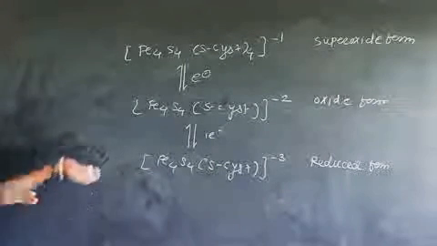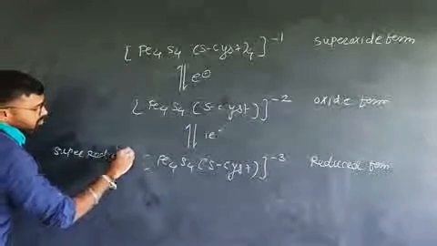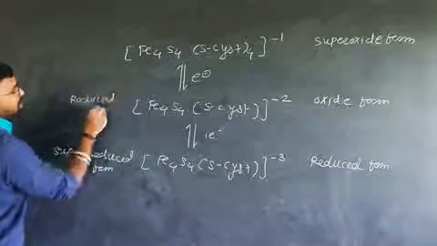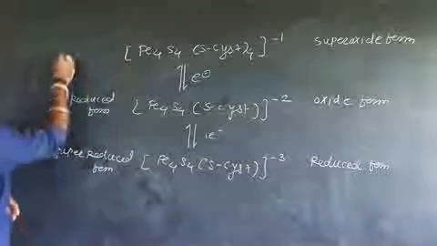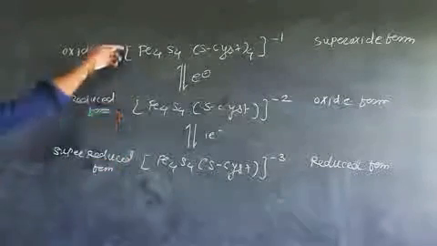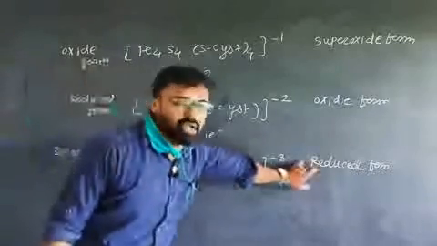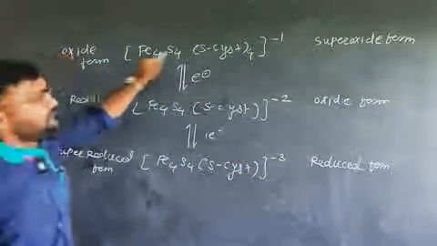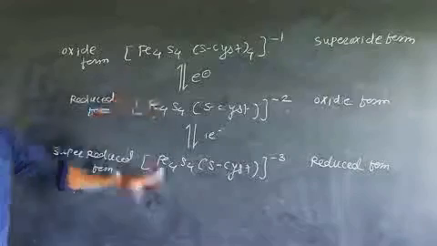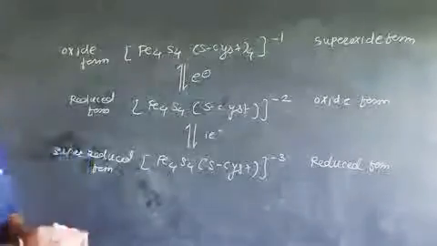From this way, this is the super reduced form, this is the reduced form, and this is the oxide form. Because of gaining or losing the electron, this is called the super reduced form, or also called the reduced form. This is called the oxide form, or also known as the superoxide form. This is about the different oxidation states of ferredoxin, that is the 4Fe 4S protein.